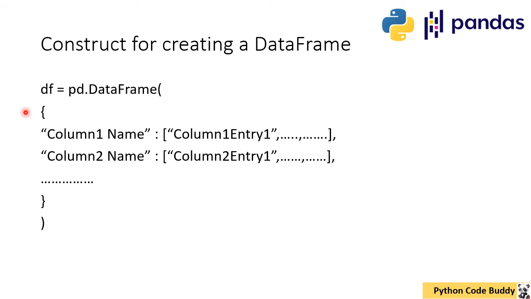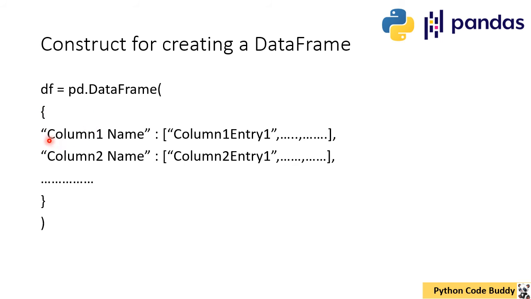Now I will show you the basic construct for creating a pandas data frame. First, this is the df, and this is pd, which is the alias for the pandas object, and dot data frame, then open parenthesis. This is the function construct for creating that, and then you can see the opening of the curly brackets.